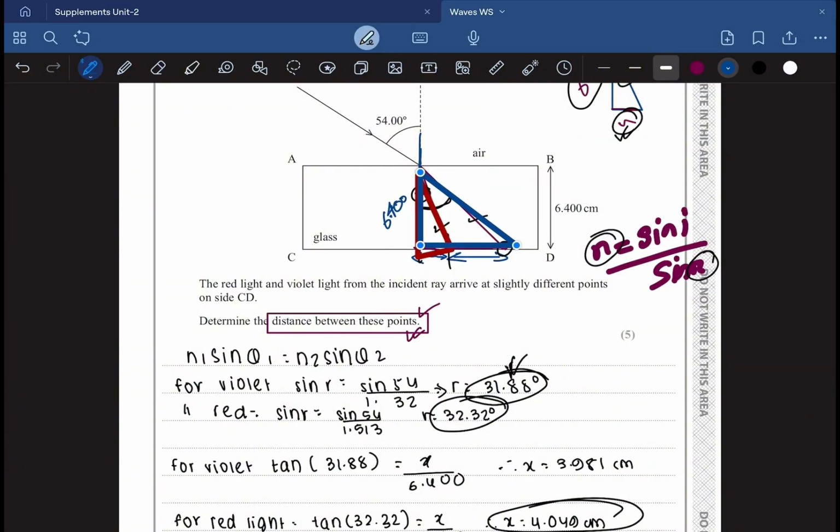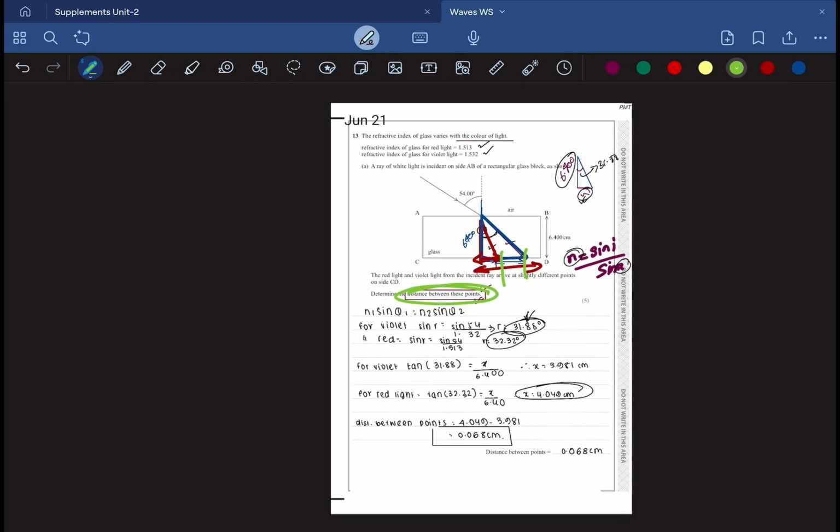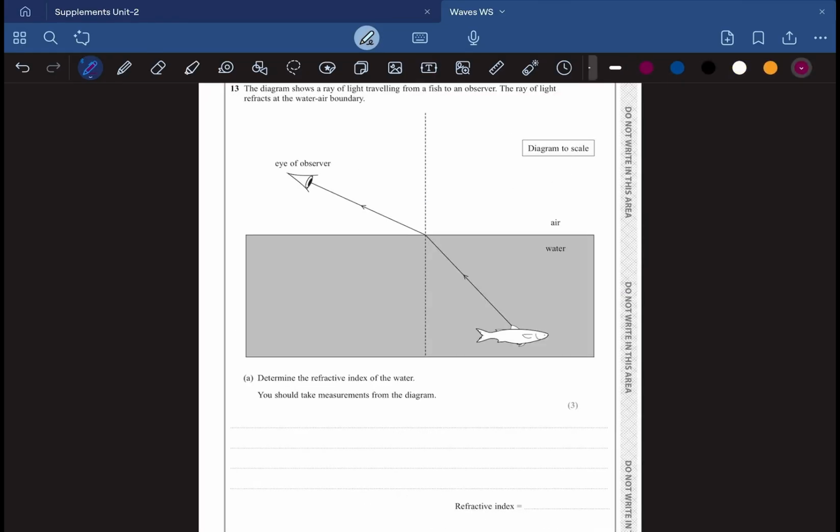If you can figure out the value of this part as well as the whole value, then it gets easier to figure out this distance between the 2 points. It becomes way easier to figure this out.